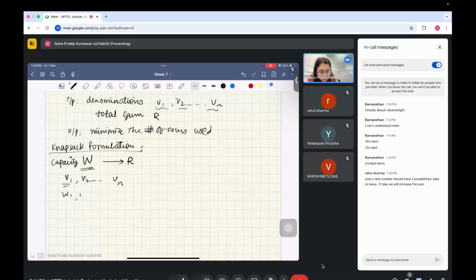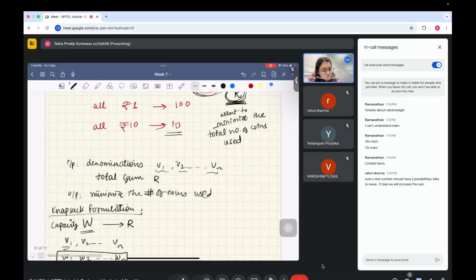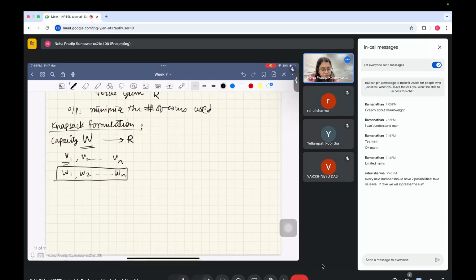And what are the weights of the coin? Because this is something we had in the knapsack. So notice that the weights correspond to the fact that we want to minimize the total number of coins here. Can you think of what I should assign to W1, W2, and so on? Because with the coins, I don't have weights associated with them.